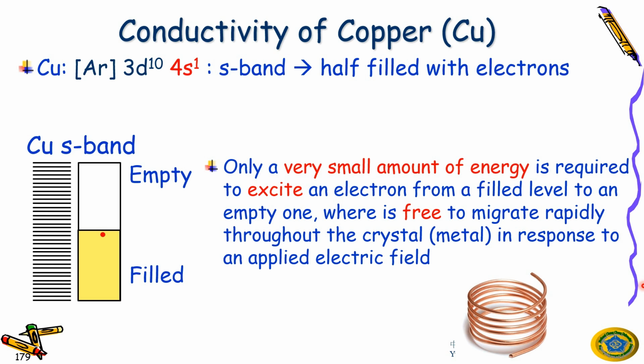Okay, so you have one electron here, you give just a very little energy, and the electron will jump to the empty level. And you have a pair of an electron and an electron hole. So this is a free electron.